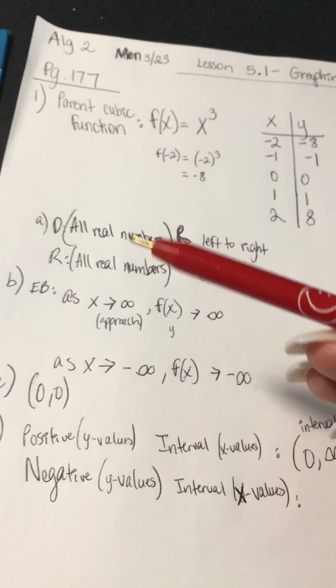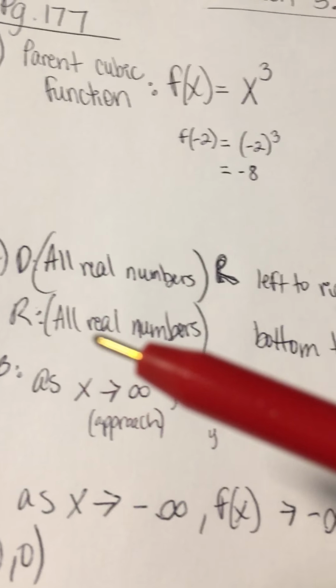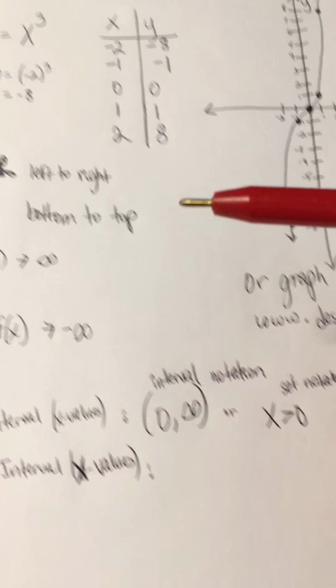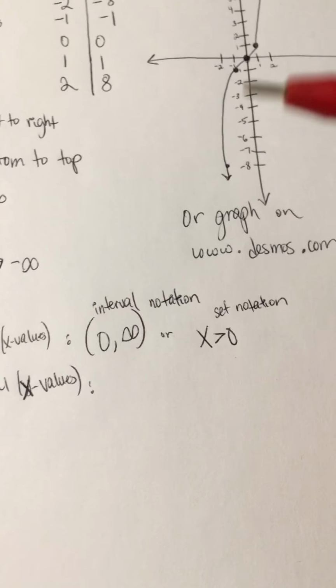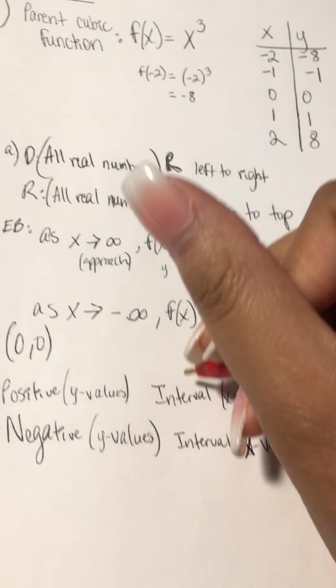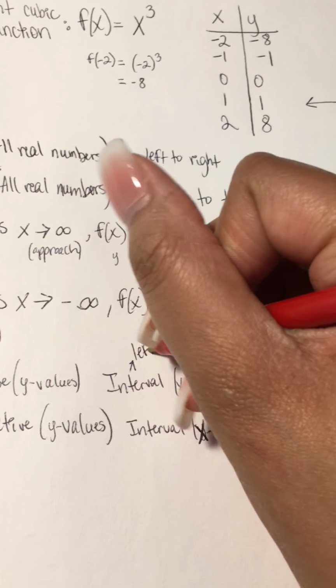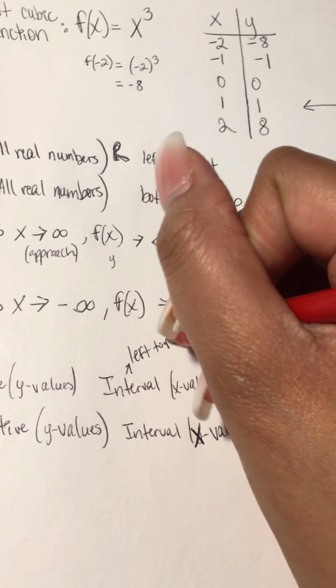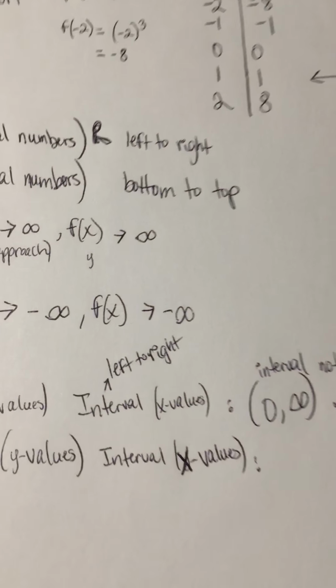Just like when you read domain from left to right, you always read intervals left to right. I know this is a lot of information. You'll get it. Left to right.